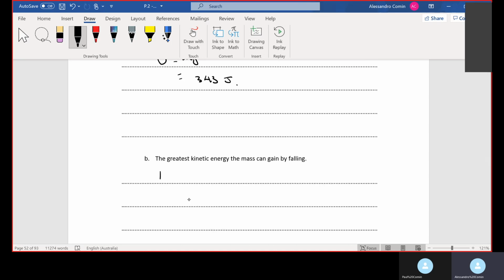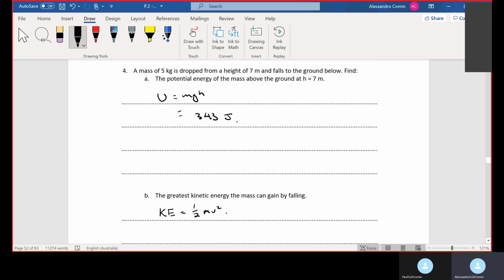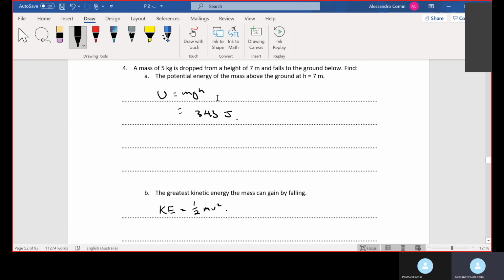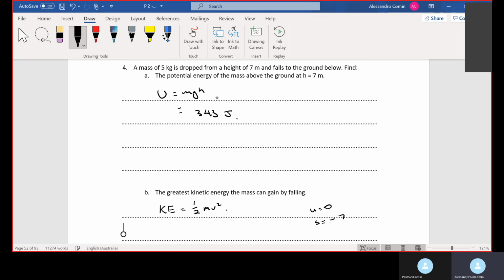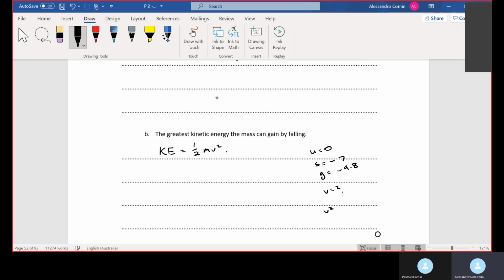We know that kinetic energy is equal to half mv squared, but let's calculate v squared, because obviously we don't know what v squared is. Looking at this, the mass is dropped and we know what s is. So u is equal to 0, s is equal to -7, and g is equal to -9.8, and we're trying to find v. We're going to be using v squared = u squared + 2as.